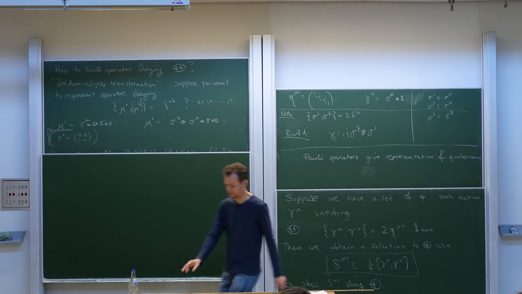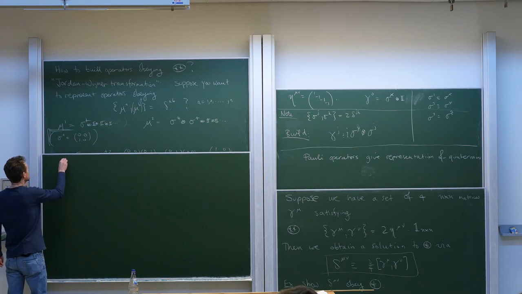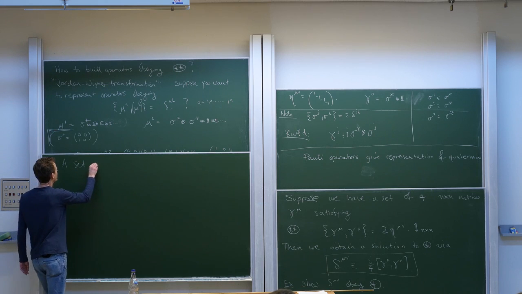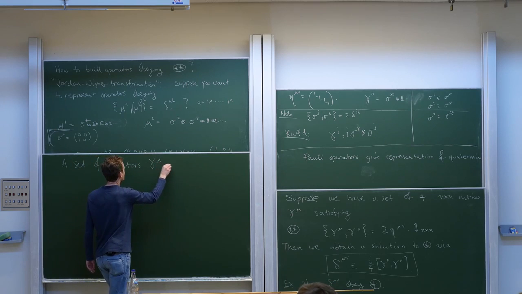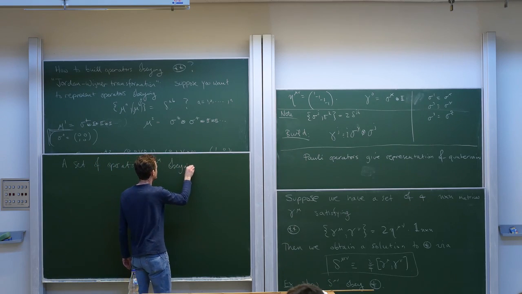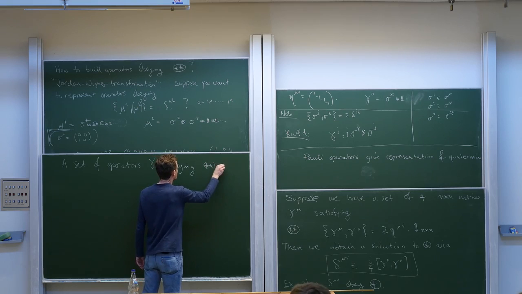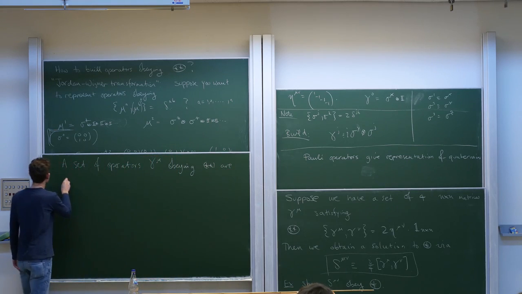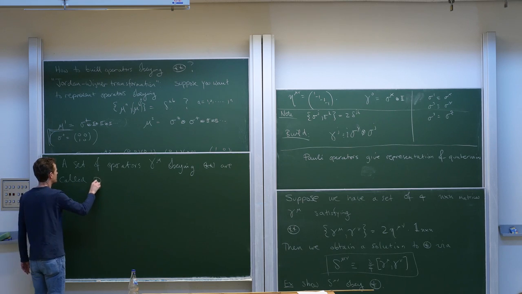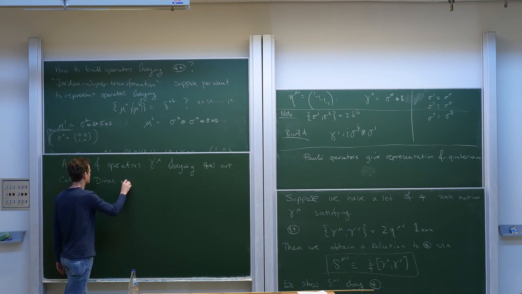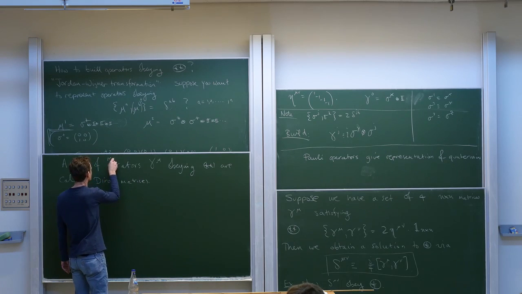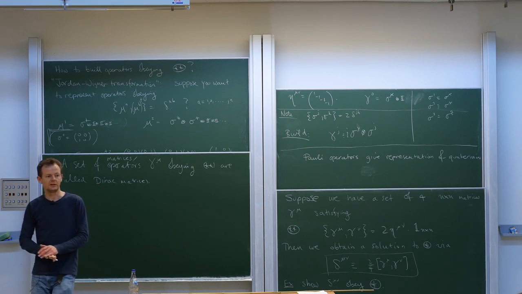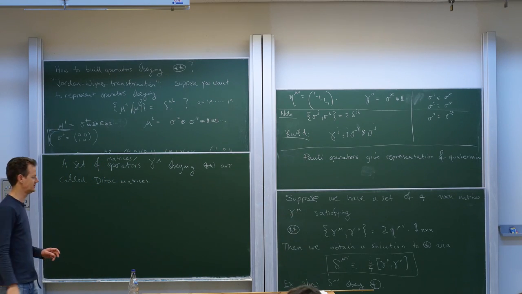All right, let's give these things a name. I've said it before, but we should say it anyway. If you have a bunch of things obeying star star, they're called Dirac matrices or Dirac operators.